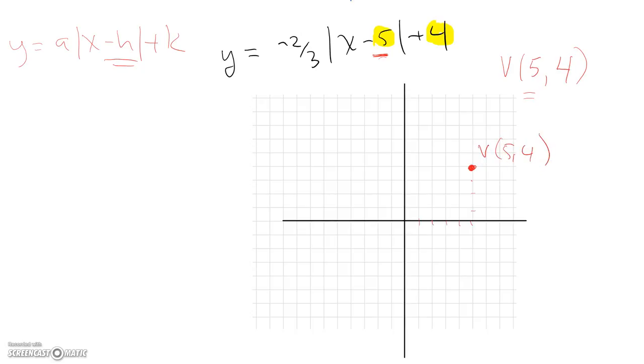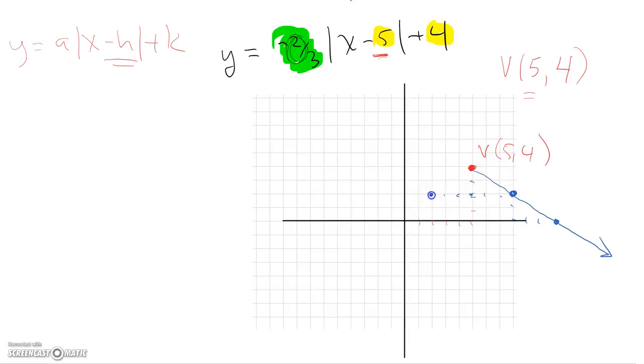And then my slope will be this number right here. There's my slope. So my slope will be down 2, and then over 1, 2, 3. Down 2 and over 3, like so. Didn't really give myself much room there, did I? And on the other side, down 2, but I'll go over 3 the other direction.